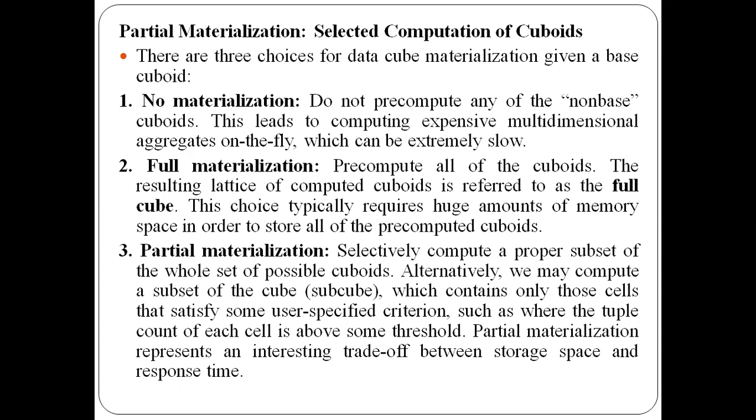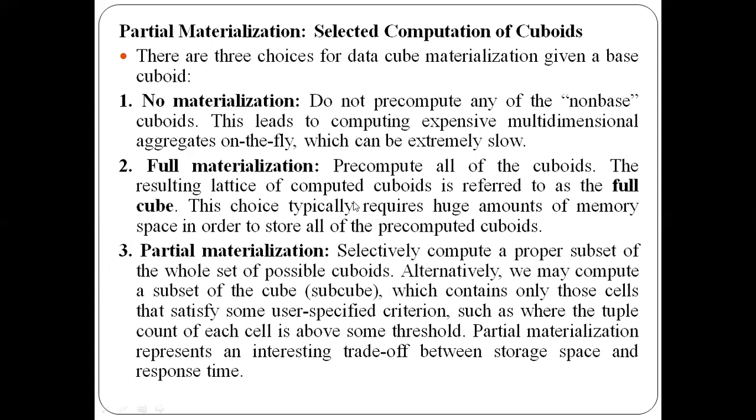No materialization means we will not store the result of any of the cuboids in memory. Only if the user requires it, it will be computed on demand, whenever the user needs it.